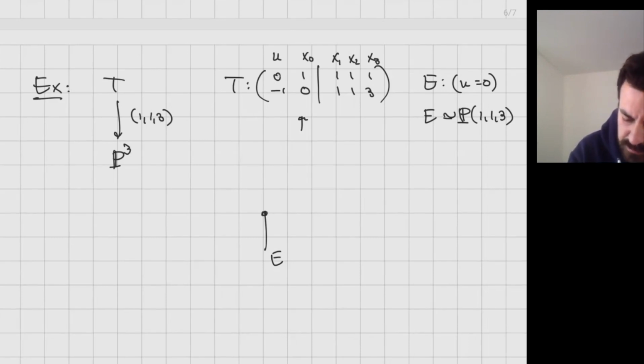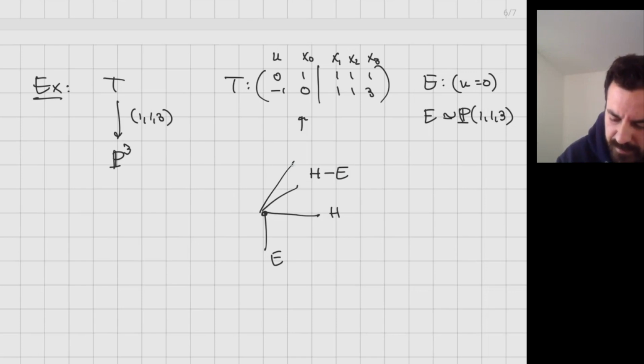So this is my exceptional divisor, it has degree 0, -1. This is my H, pullback of a hyperplane, which has degree 1, 0. Then I have x1 and x2, which have degree H minus E. And finally, I have x3, which has degree 1, 3, which is H minus 3E.